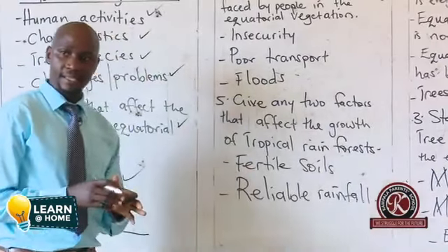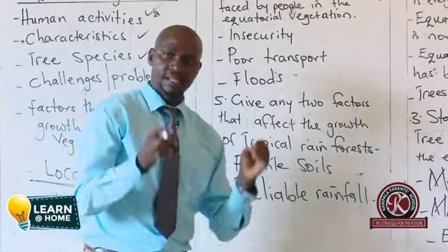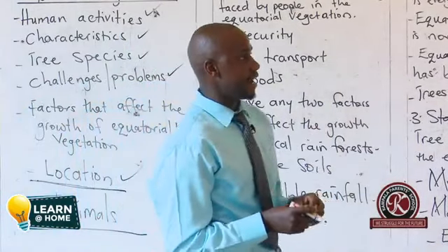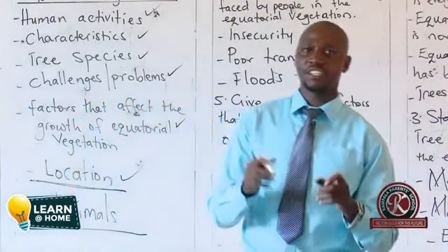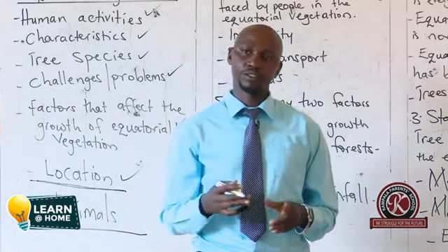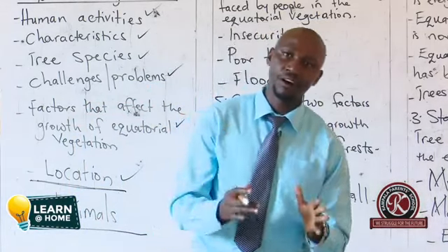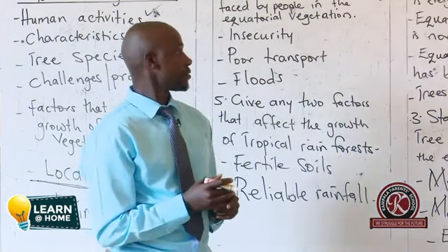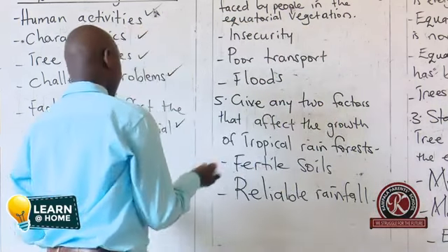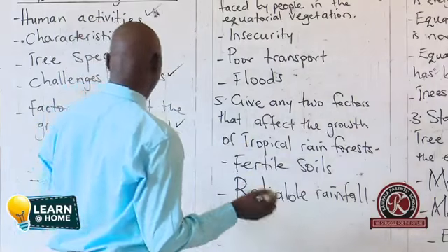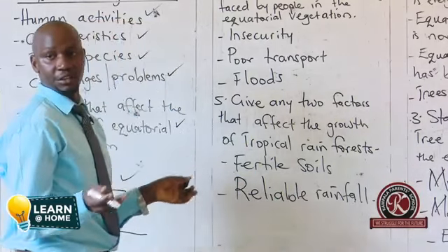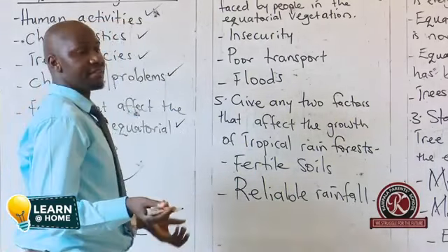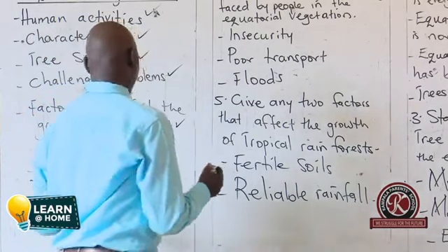Animals like monkeys, mountain gorillas, chimpanzees are the common animals found in the tropical rainforest because they feed on fruits. So we can also have the last question, which is give any two examples of animals that live in equatorial region. Then we have the activity.